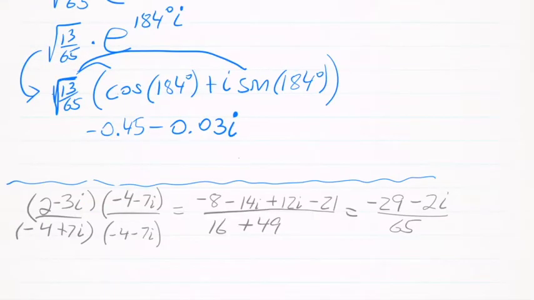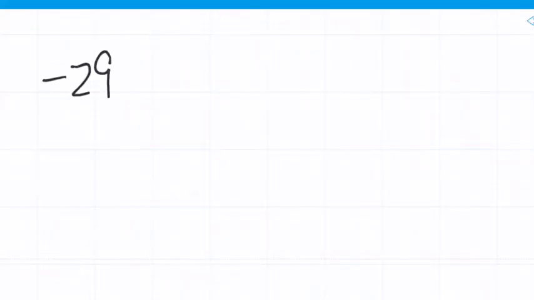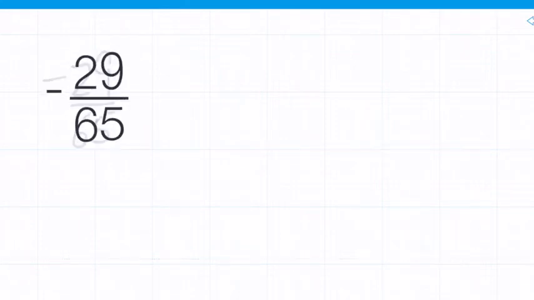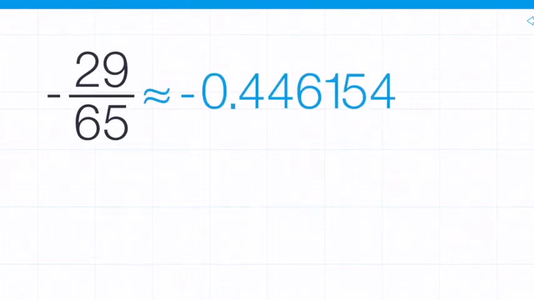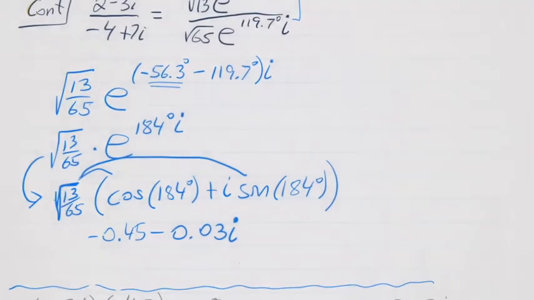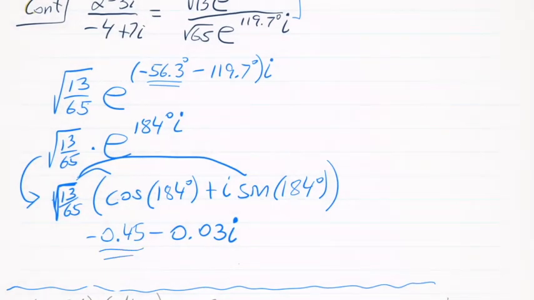So down below here, I've actually done the calculation, old-fashioned style, multiplying top and bottom by the conjugates. I've FOILed out the top, conjugated the bottom, and we get negative 29 over 65. Negative 29 over 65, we're getting 0.446, which is almost exactly what we got earlier for this piece here.